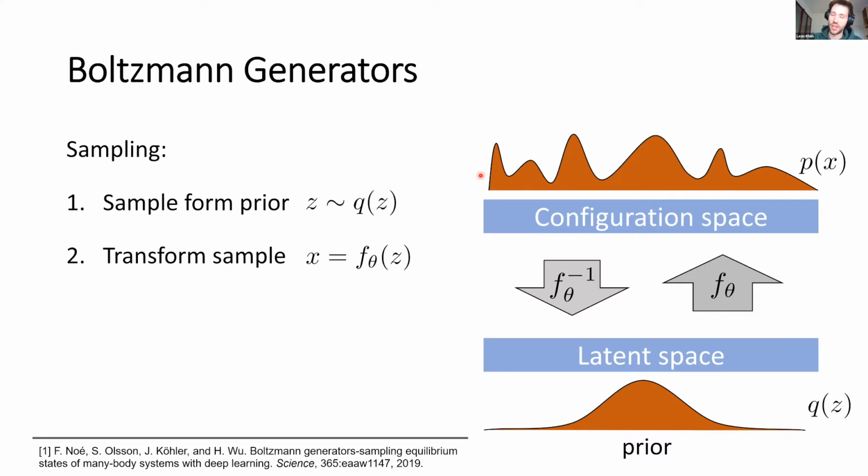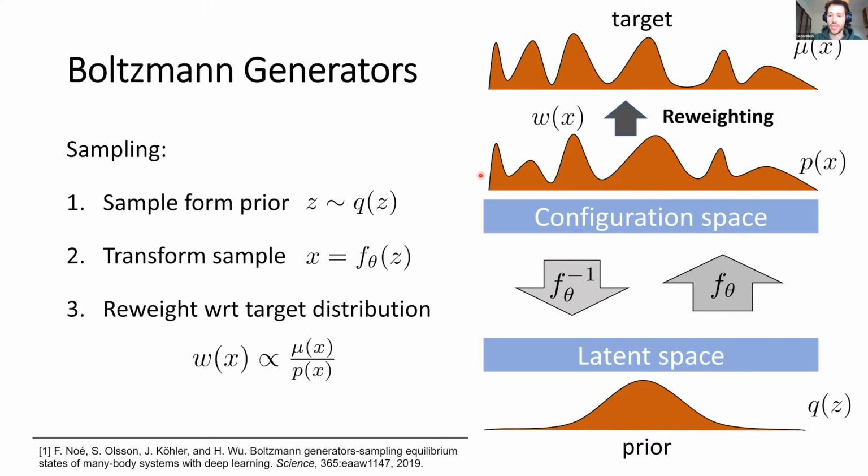But the cool thing that we can do now is that we reweight our samples generated by the Boltzmann generator to the target distribution. As I mentioned, we require that we know the energy function of our target. However, we do not need the normalization constant. So we can evaluate the probability of the target distribution.